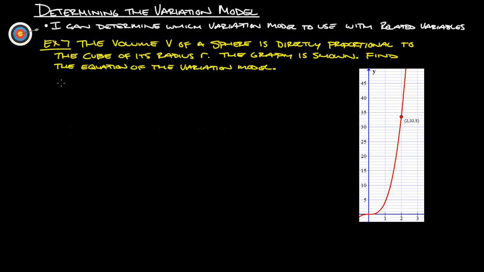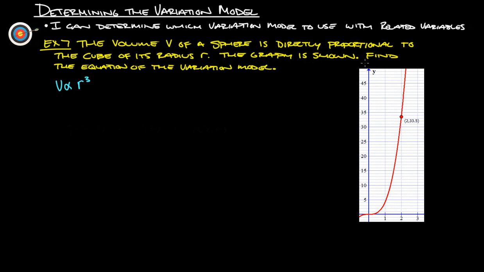We know that the volume is directly proportional to the cube of the radius r. So that's going to be r cubed, right? But there's going to be some kind of variation constant here, but we don't need that constant in there. But V, volume, varies directly to r cubed.